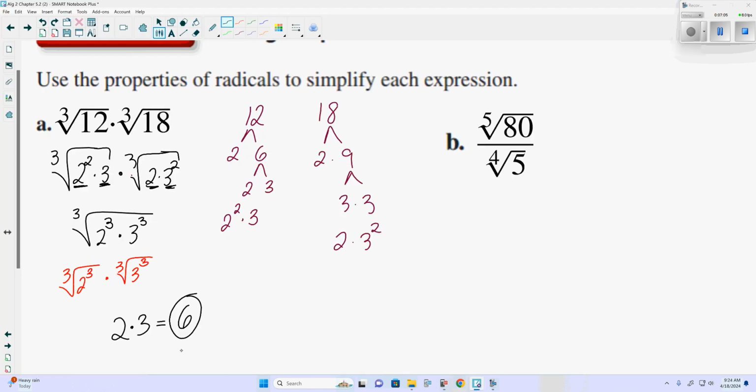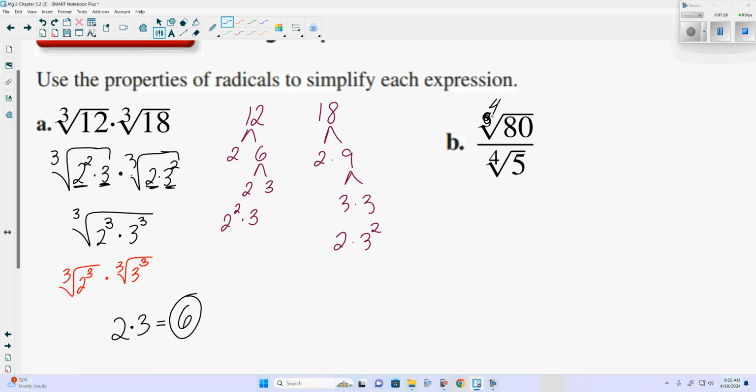Now, whenever we look at division, one of the things I would look for first is, can we divide the two numbers? Yeah. Huh? That should be a 4th. Thank you. I'm going to have to fix that. One thing I glossed over. That would have made everything a lot harder if it didn't. 4th.